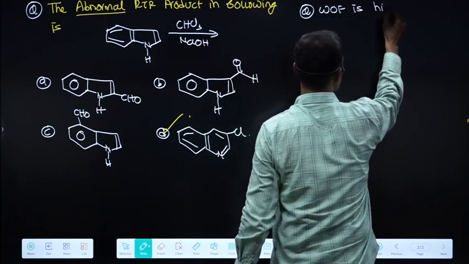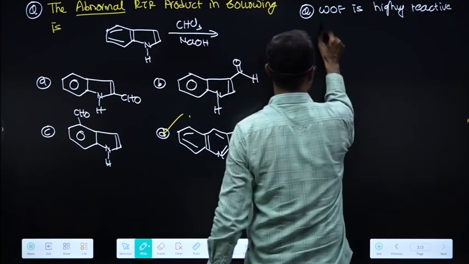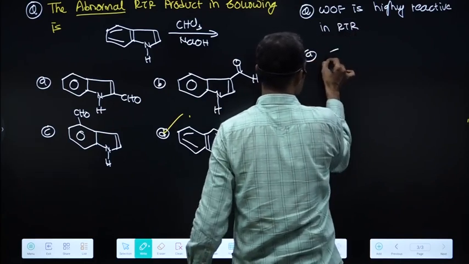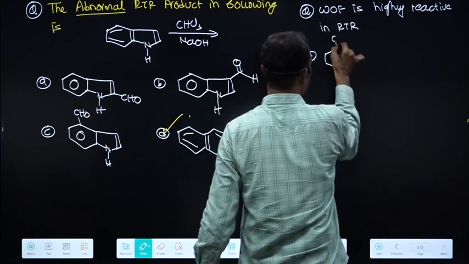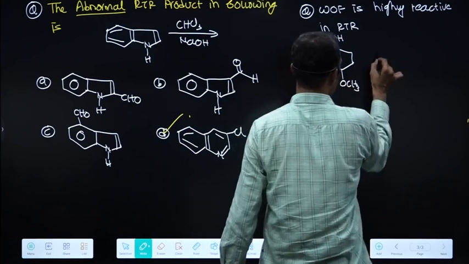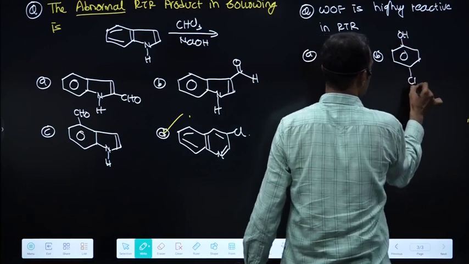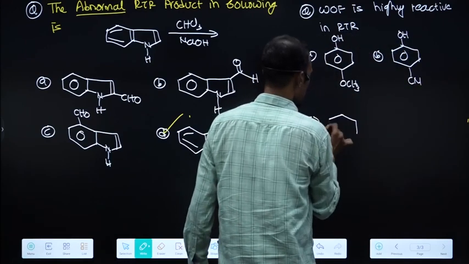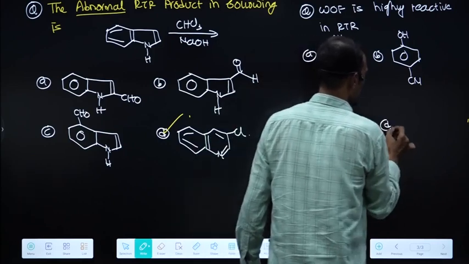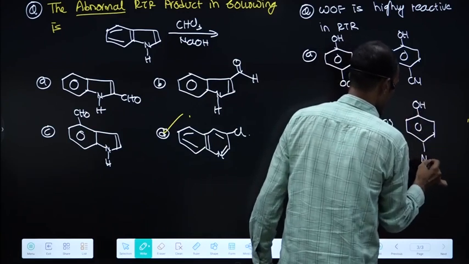Which of the following is highly reactive in RTR, Reimer-Tiemann reaction? Option A. Phenol with cyano, phenol with methyl. Option D. Phenol with nitro.